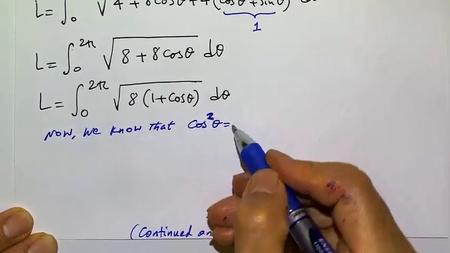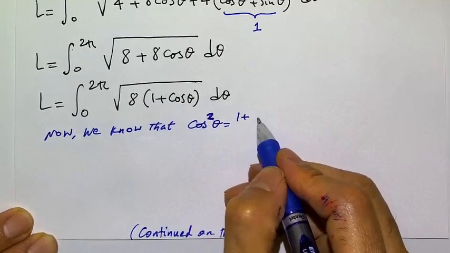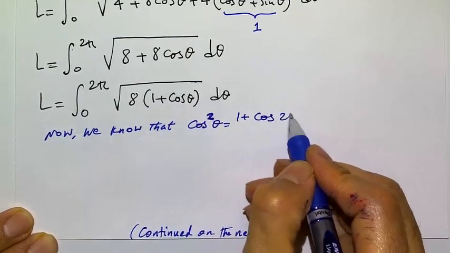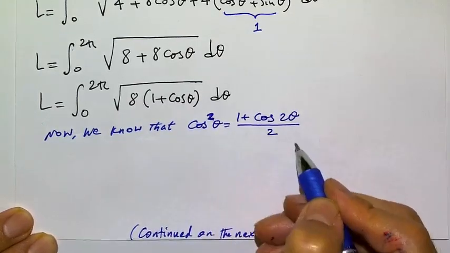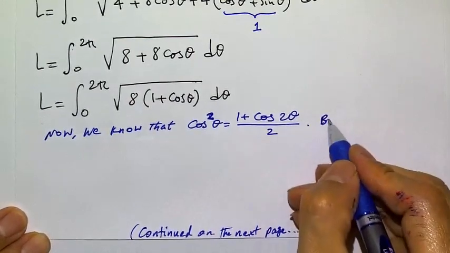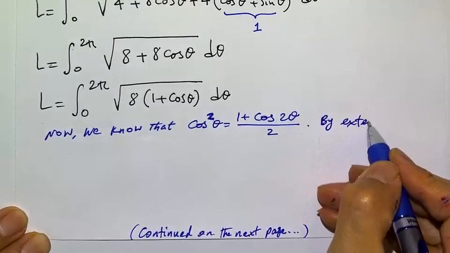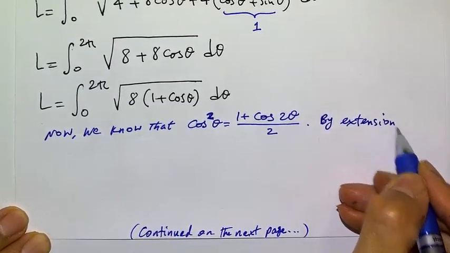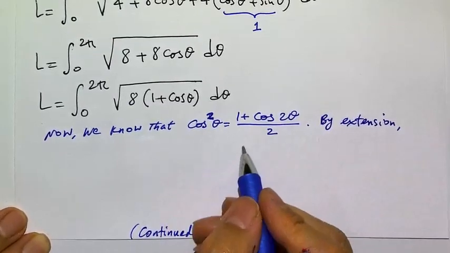We've used this one several times: cosine squared theta equals 1 plus cosine 2 theta over 2. Now by extension, we're going to extend this concept, this formula.